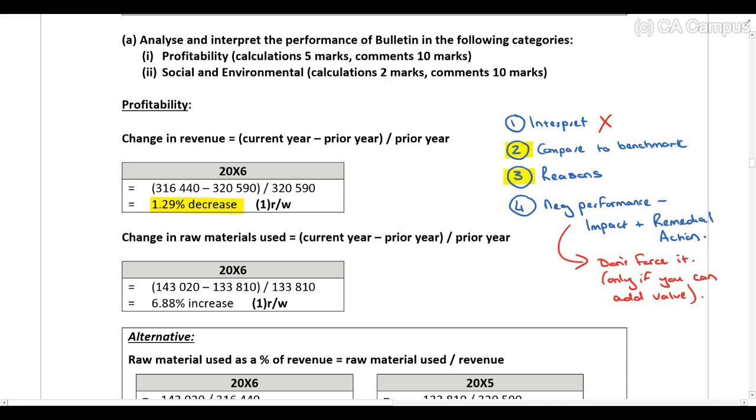Then we need to give potential reasons. Now guys, 90% of the time, the reasons are going to come directly from the scenario. So let's go back to the information provided in the scenario and see if we have been given reasons as to why revenue would deteriorate from the prior year to the current year.